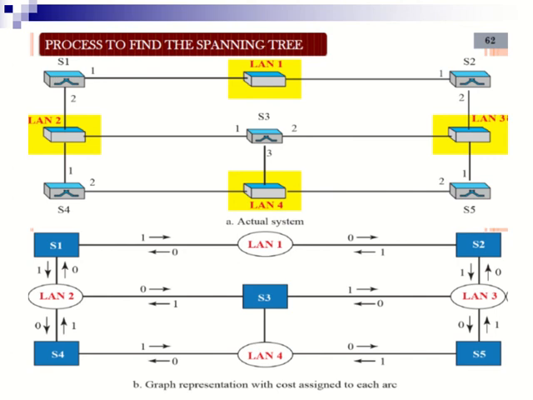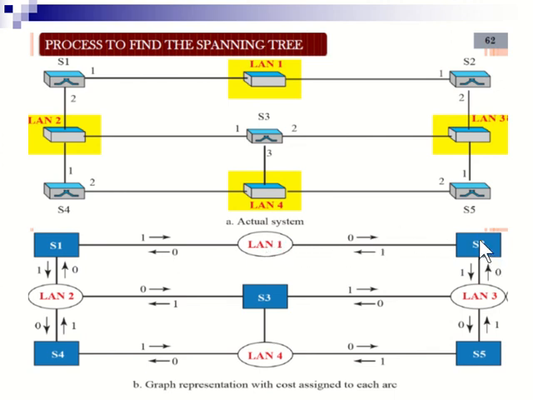Once the root bridge is assigned, we are going to assign cost for moving from switch to LAN and from LAN to switch. When we move from a switch to a LAN, the cost will be given as 1, and when we move from a LAN to a switch, it is given as 0.